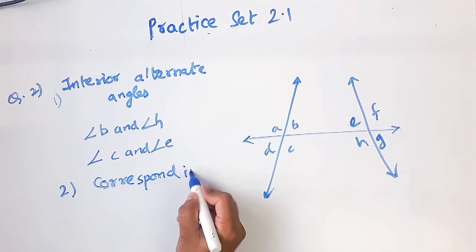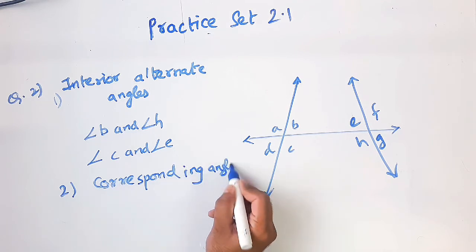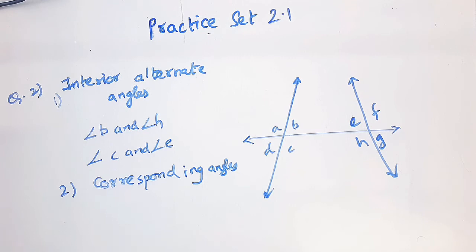Let us see where the corresponding angles are. We know that we'll get four pairs of corresponding angles.